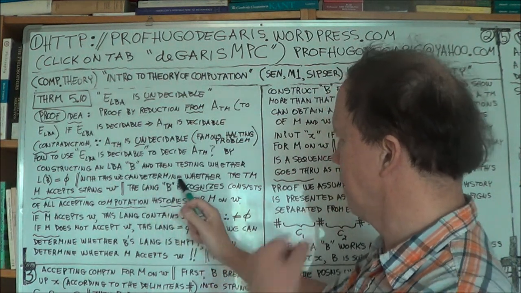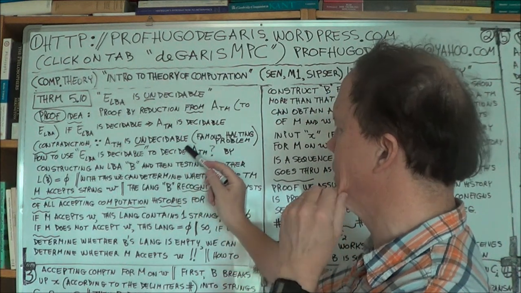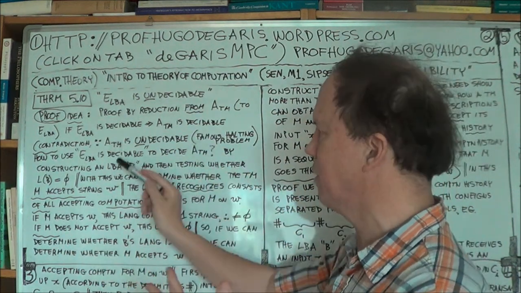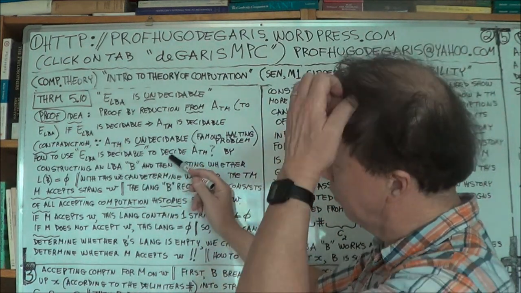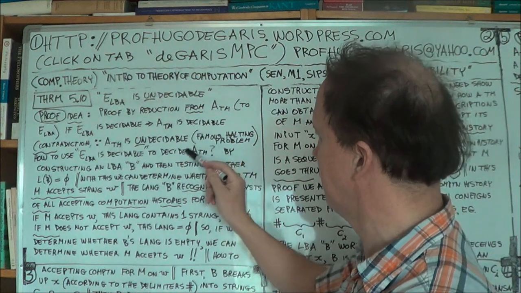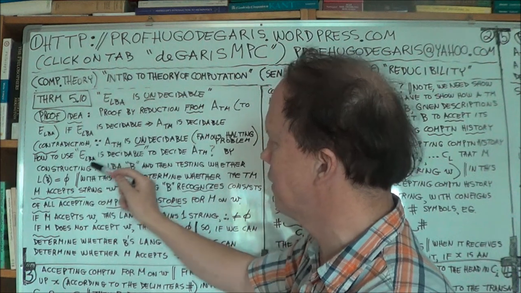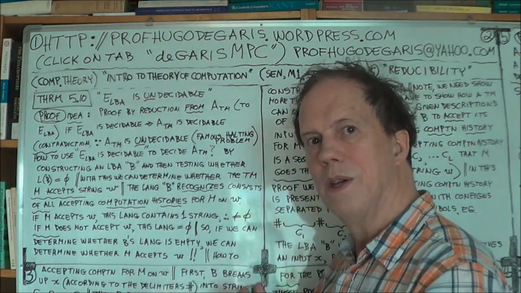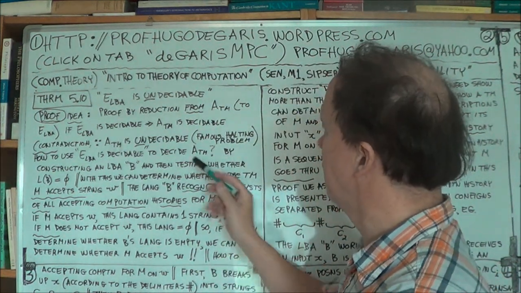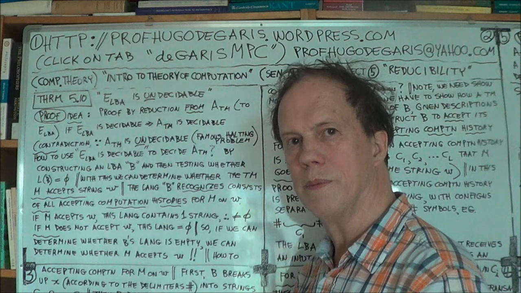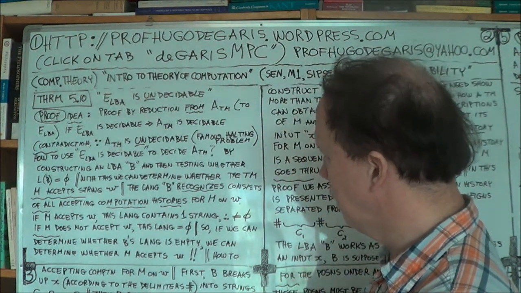Using this B, we can build another Turing machine, a bigger one that uses this as a component, if you like, and we'll use this bigger Turing machine to decide this language. So if there is a Turing machine B that decides this language, then we can use it to create a larger Turing machine that will decide this language.